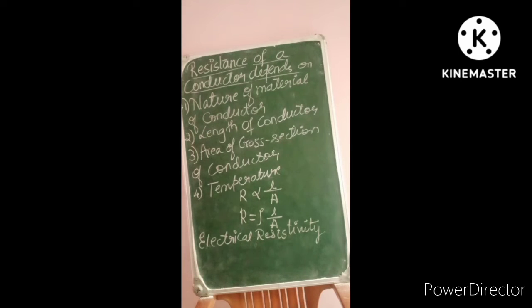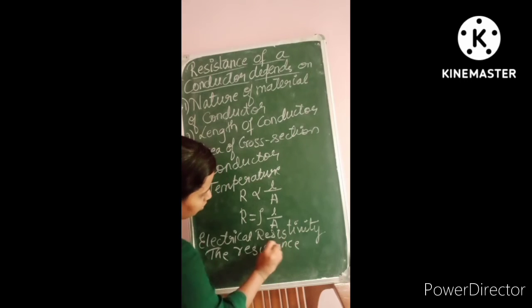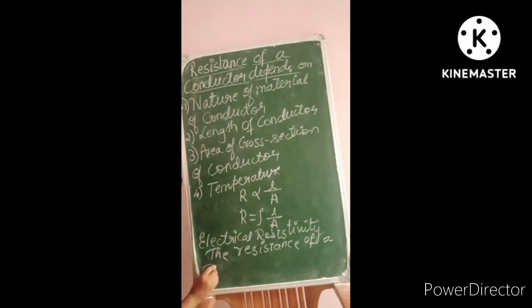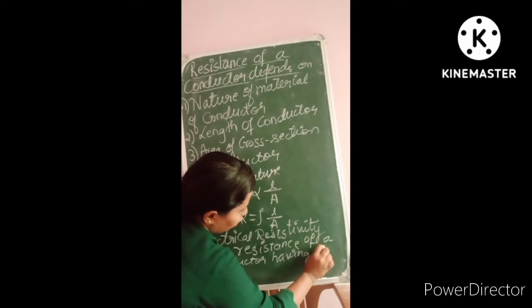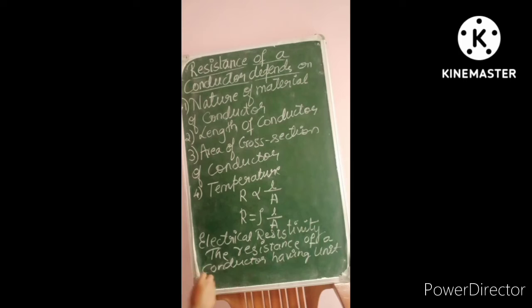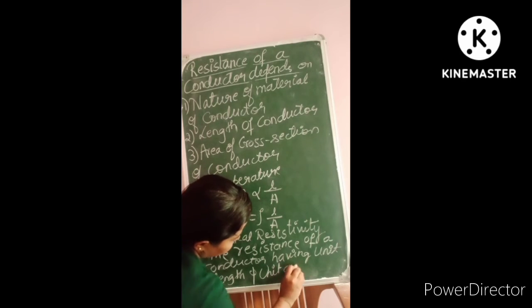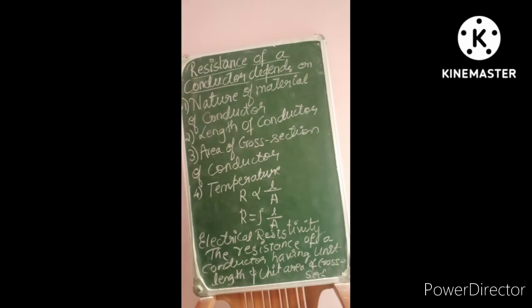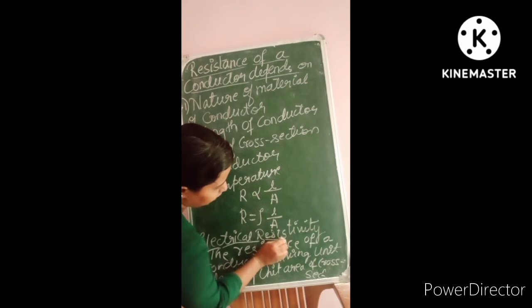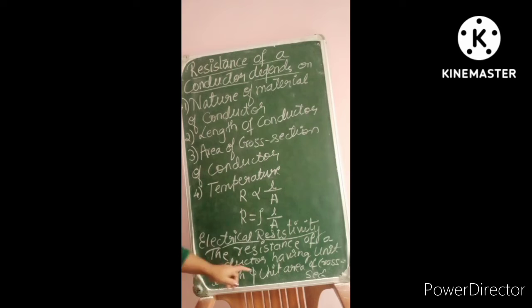Electrical resistivity is defined as the resistance of a conductor having unit length and unit area of cross section.